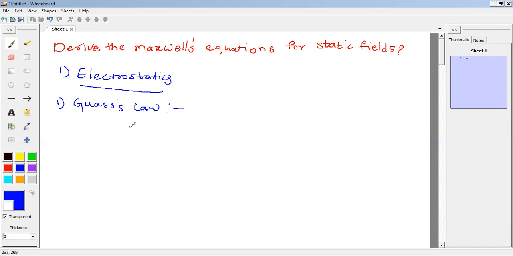Gauss law states that the total flux enclosed by the surface is equal to the charge enclosed by the surface.